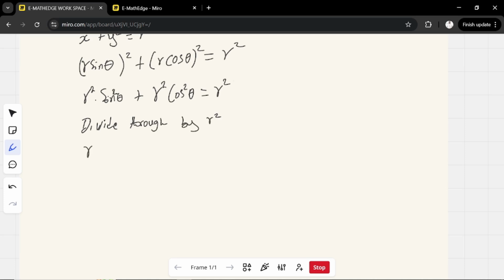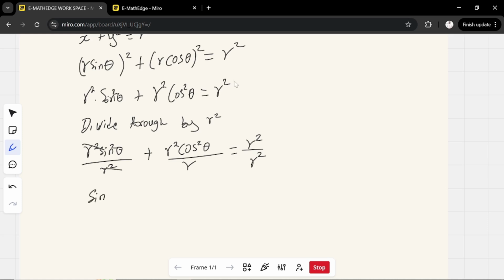So we are going to have r square sine square theta divided by r square plus r square cos square theta divided by r square to be equal to r square divided by r square. Now we have r square sine square theta divided by r square such that r square will go with r square.